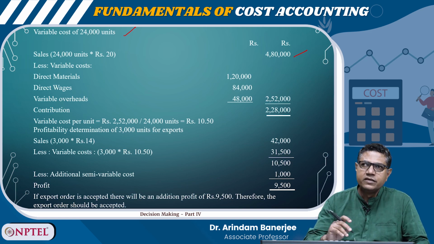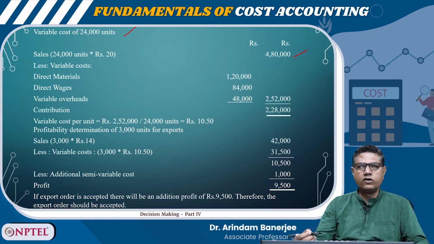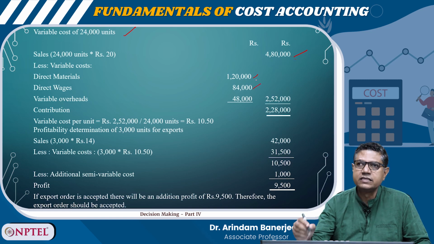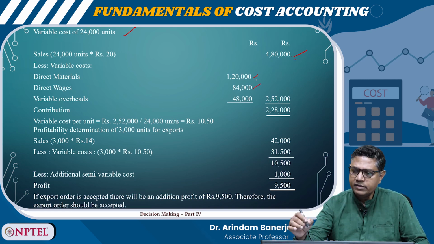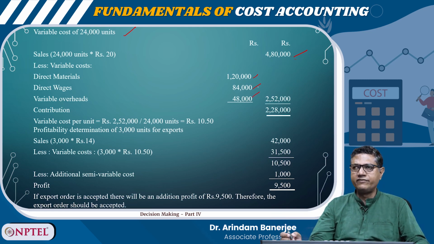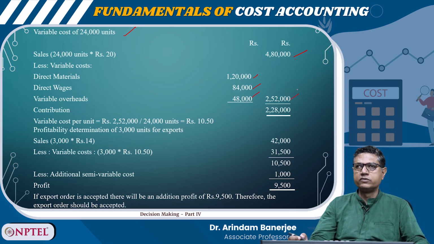So, here you see the sales is 4,80,000 minus all the variable cost. Direct material 1,20,000, direct wages 84,000, variable overheads 48,000. If I add these three, I will get the total variable cost, which is 2,52,000.